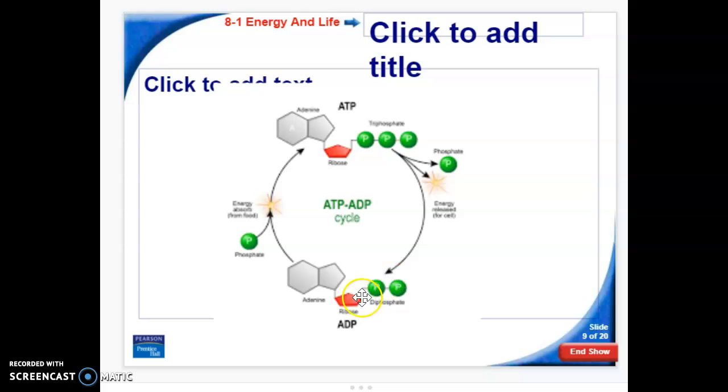This now produces ADP, with your adenosine, ribose, and 2 phosphate groups. Your body has free phosphates, so it grabs one of those free phosphates and puts it back on the ADP, and now we start the cycle back over. Your body always requires energy, so it's necessary for your body to always be able to produce ATP from the ADP.